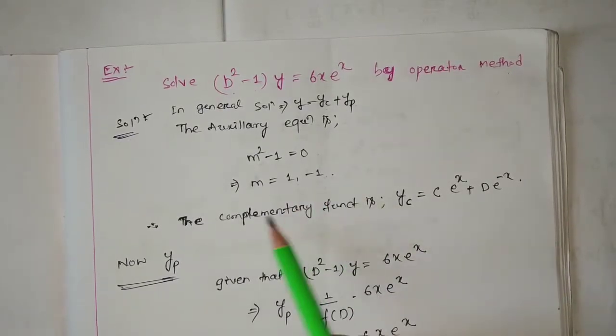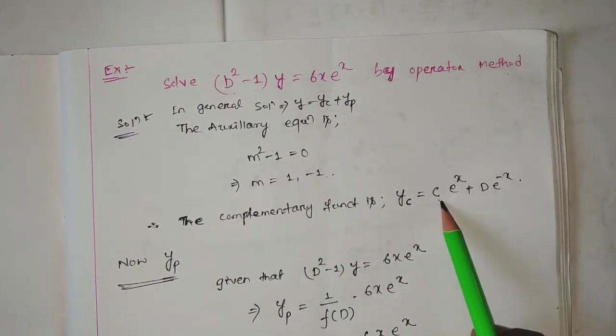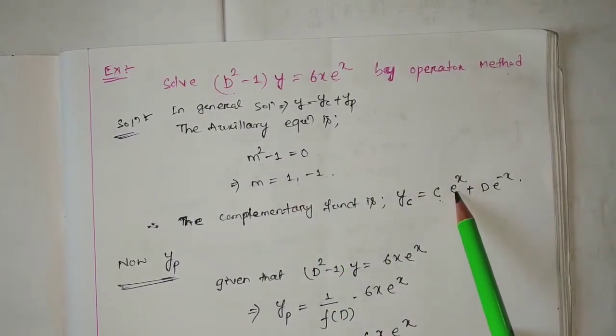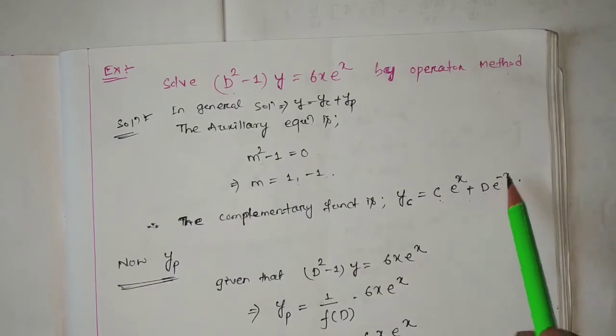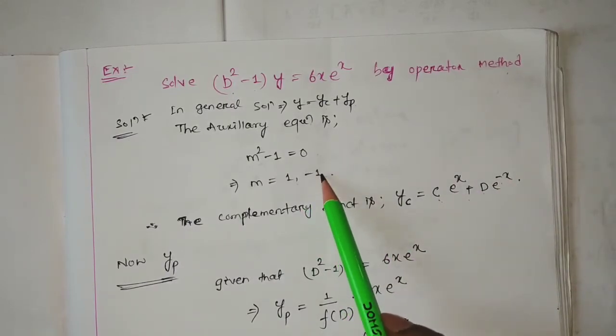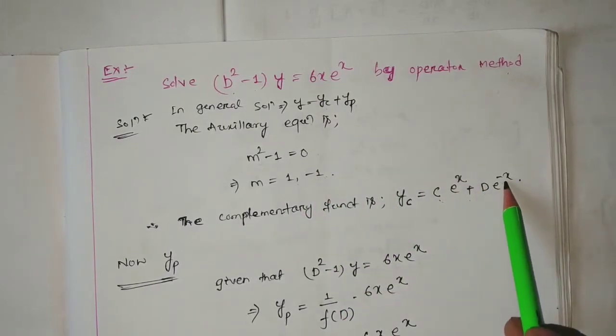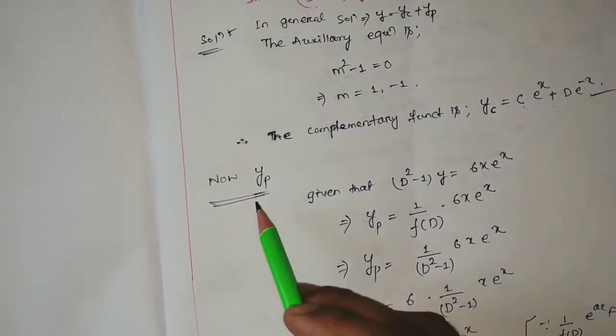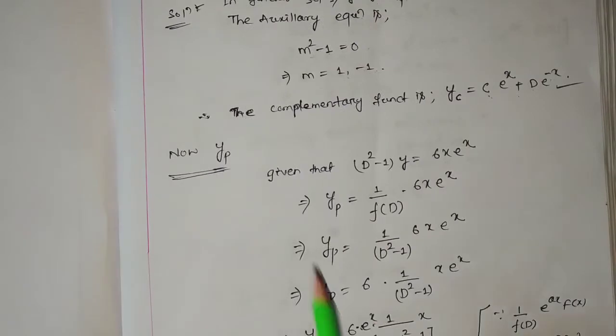So the complementary function will be constant c1 into e to the x, that is e to the ax, a means 1, e to the x, and c2 into e to the other root b x, that is minus x. So this is your complementary function. Now we are going to go for the particular integral by using rule 4.